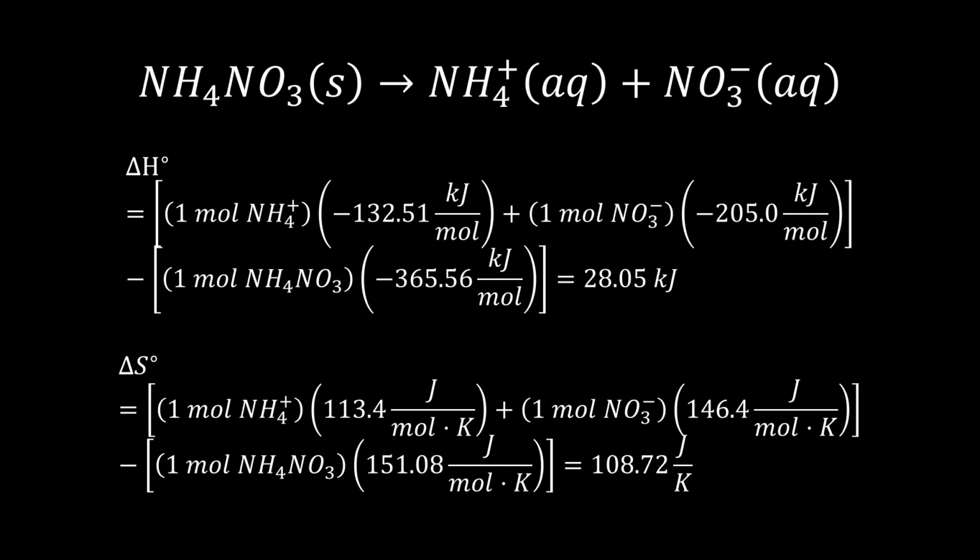Put all of that in its own set of parentheses, and then at the bottom, we'll take 1 mole of ammonium nitrate times 151.08 joules per mole Kelvin. Since that's the only reactant we have, we'll put that in its own parentheses and take the difference between the top and the bottom, which ends up giving us 108.72 joules per Kelvin.